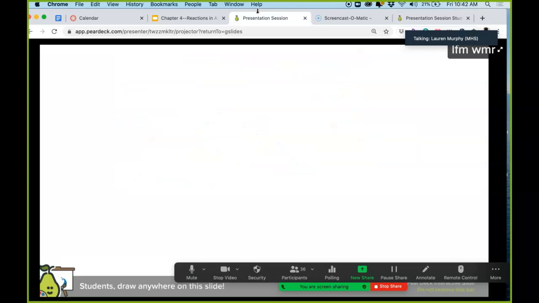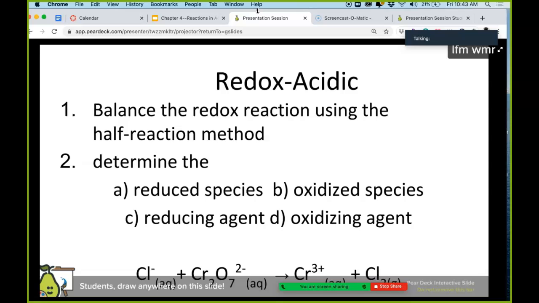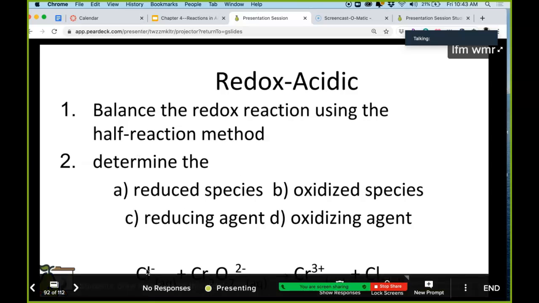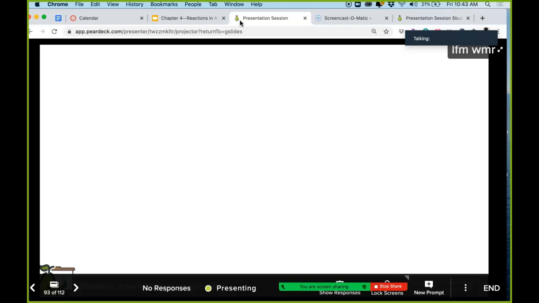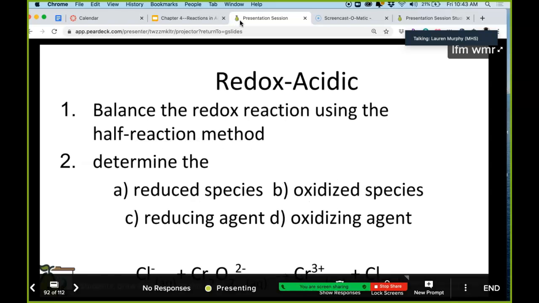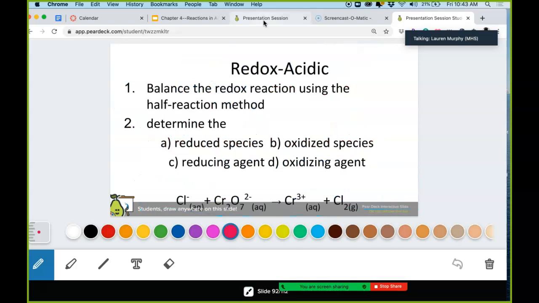Okay, so let's try another one. So chloride, dichromate, chromium, and chlorine. So we're going to split these into half reactions. Chloride, dichromate, chromium. Okay, so you do the things that look alike.